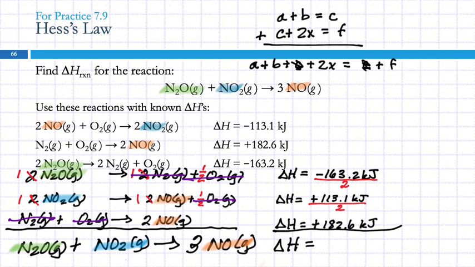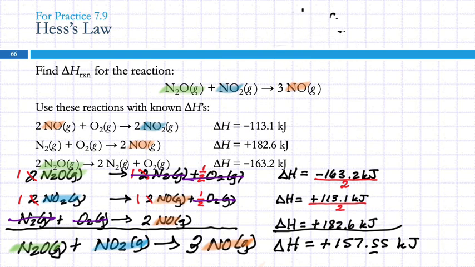So delta H overall is 157.55 kilojoules, and if we're going to be picky about sig figs, let's get rid of this mess up here. Delta H for that reaction is 157.6 kilojoules. Any questions?